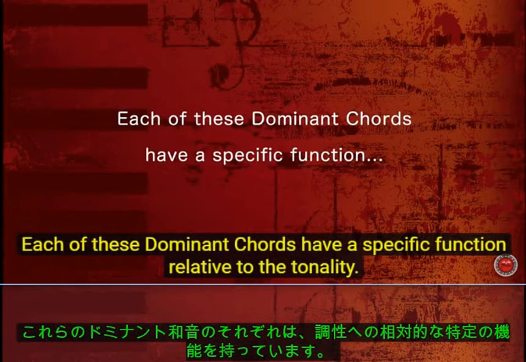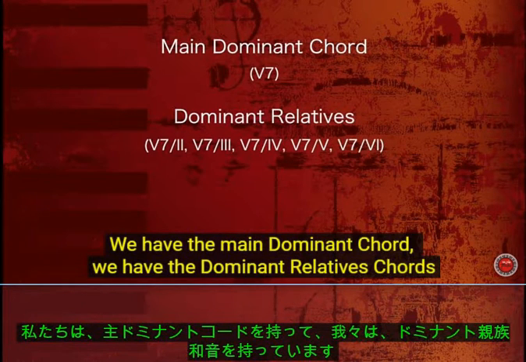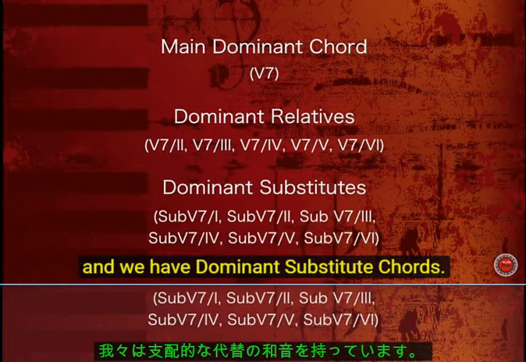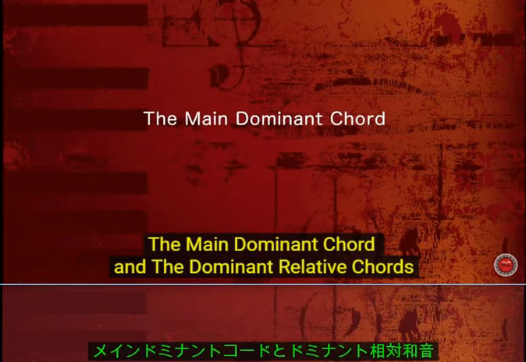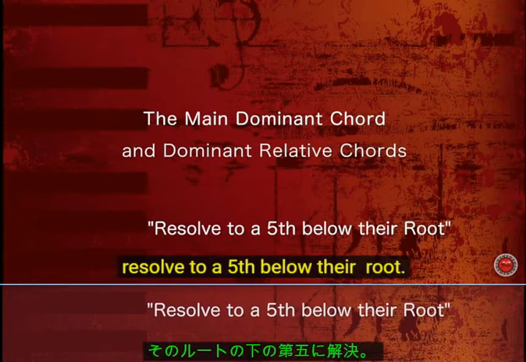Each of these dominant chords have a specific function relative to the tonality. We have the main dominant chord, we have the dominant relative chords, and we have the dominant substitute chords. The main dominant chord and the dominant relative chords resolve to a fifth below their root.